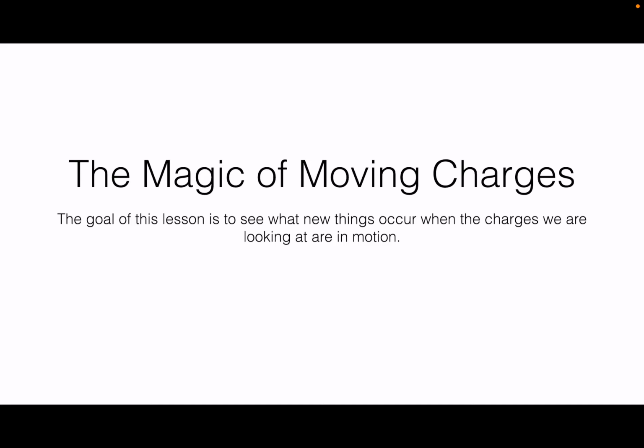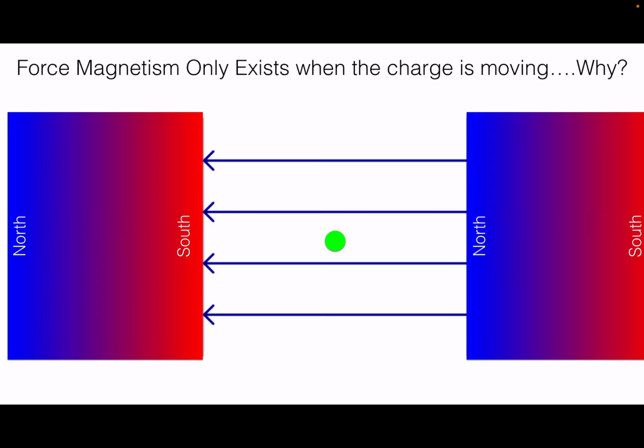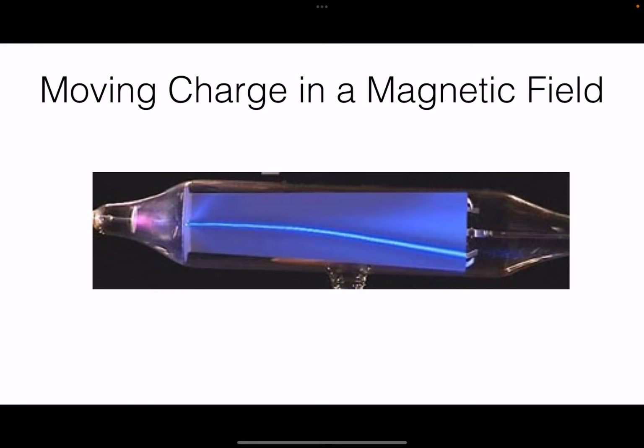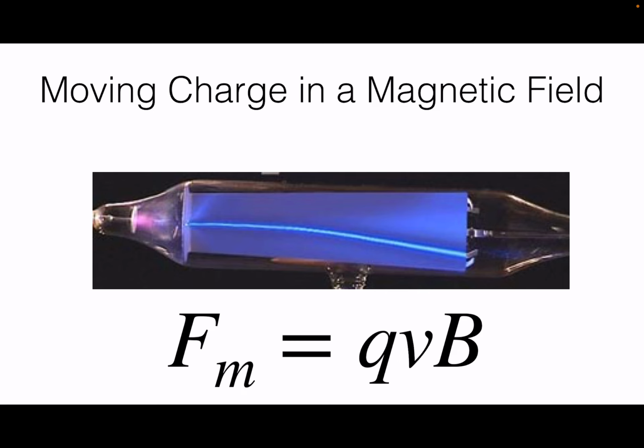Today we want to look at the final chapter in our magic of moving charges. We already learned that when charges were at rest, they felt no magnetic force. When they were moving through a magnetic field, we learned that there was a force that would cause them to deflect.